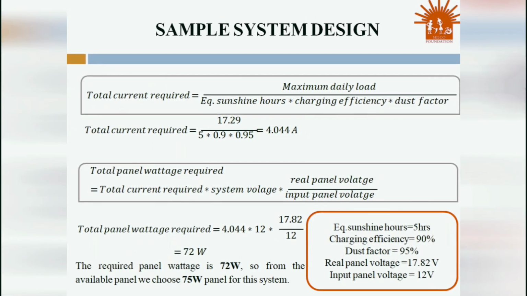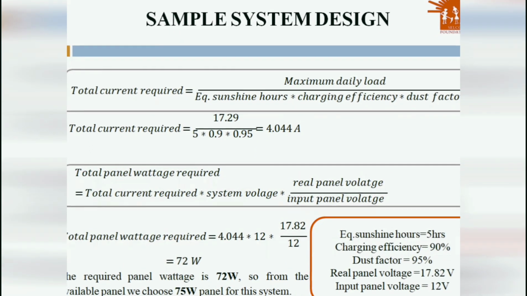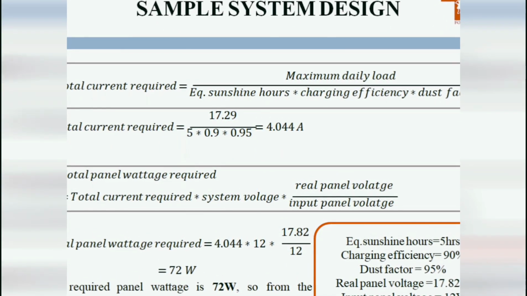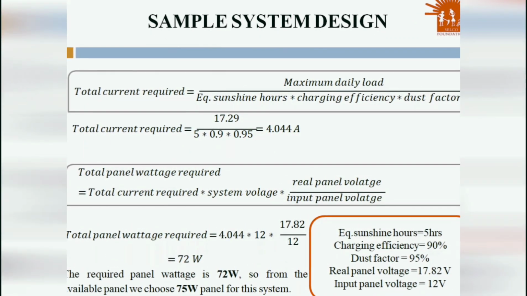Now, total current required equals 17.29 divided by 5 into 0.9, which is the charging efficiency, into 0.95, which is the dust factor, and this is equal to 4.044 ampere.